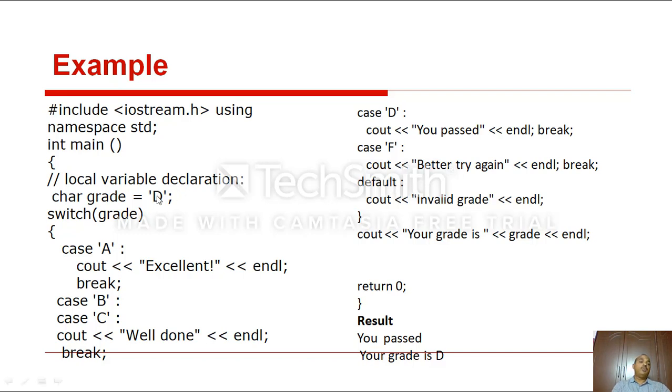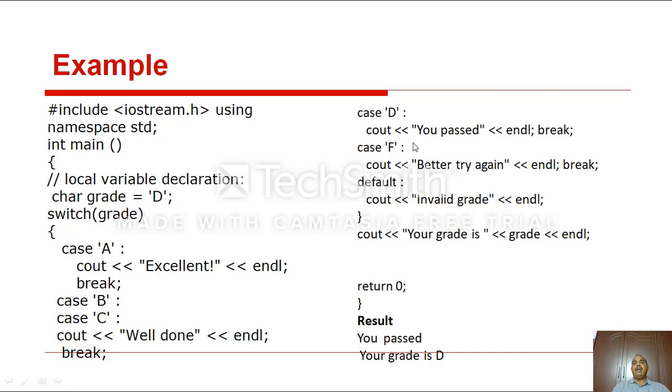All of you, listen. Simply, let me take grade equal to x. I replaced it by x. Now the grade value is x. It compares: is the case value equal to the grade value? No. Second case? No. Third case? No. Fourth case?